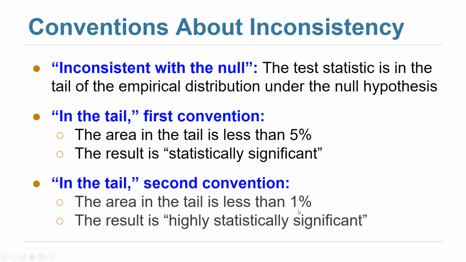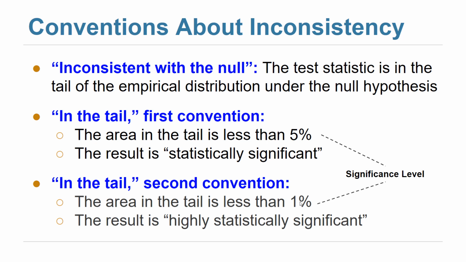If it's less than 1%, we say that the result is highly statistically significant. The 5% and 1% are called significance levels. Okay, so if I used 5% cutoff, I can say that the significance level of the test is 5%. If I used 1%, then the significance level of the test is 1%.